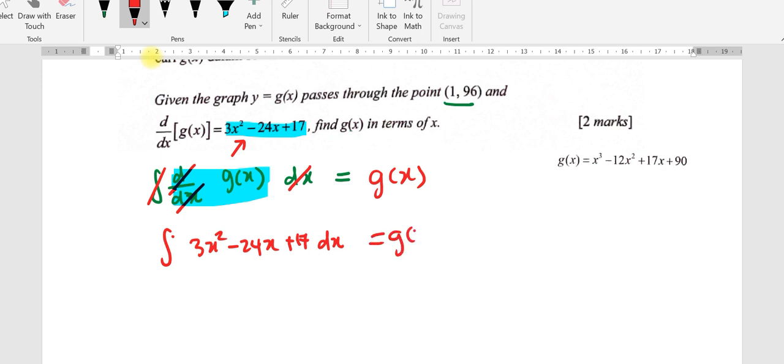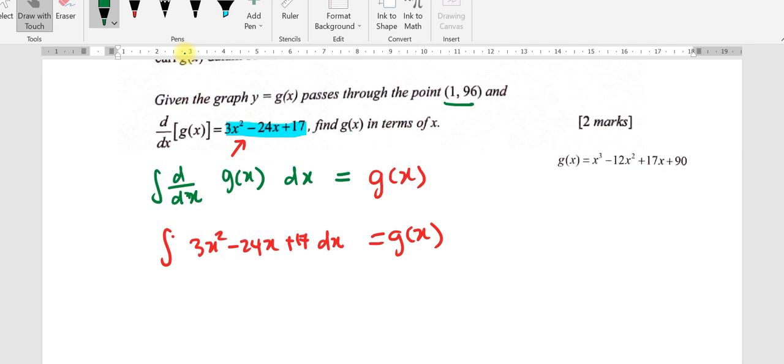Okay, you akan dapat gx. Let's say I didn't potong, but you know lah, you do this, you get your gx. Okay, nampak? I ganti the differentiate the gx sebagai yang ni. Itu saja. Okay, then do as normal.